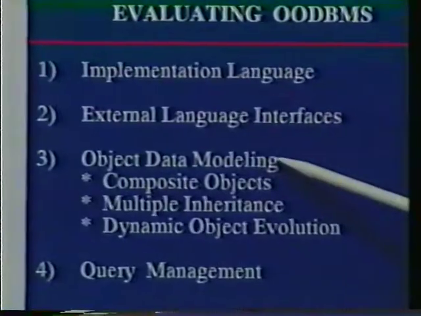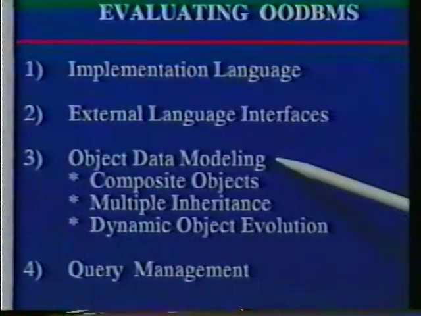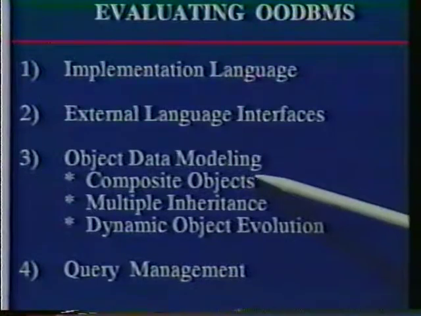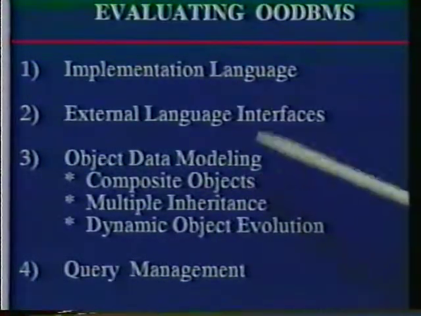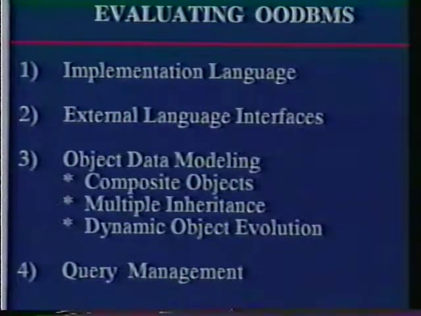Again, for some applications such as engineering applications, you might need several features of object data modeling, such as composite objects. What are composite objects? We have seen in the talk on object oriented software development that there is a part-of relationship. There is some semantics associated with this part-of relationship. That is, suppose I remove one of the subparts, what happens?